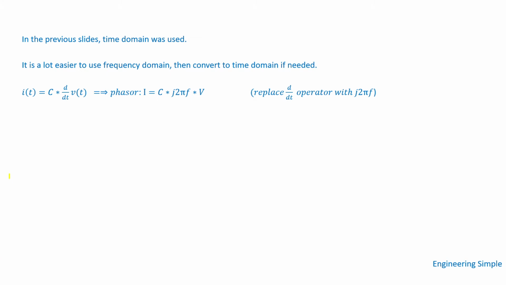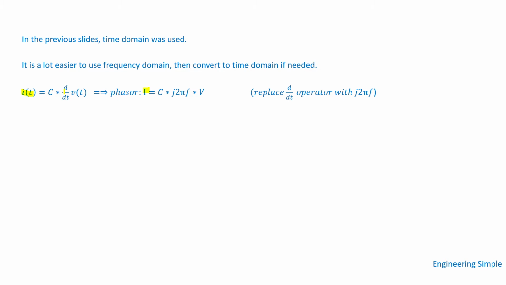Lowercase i, which is the time domain, is equal to capacitance times the derivative of voltage with respect to time. I replaced lowercase i, which implies time domain, with uppercase I, which implies phasor or frequency domain, times C. C is just a constant.